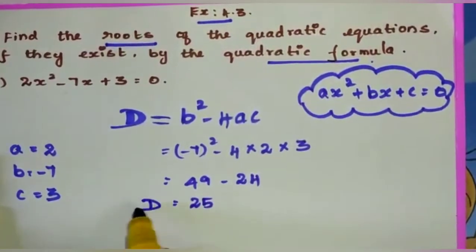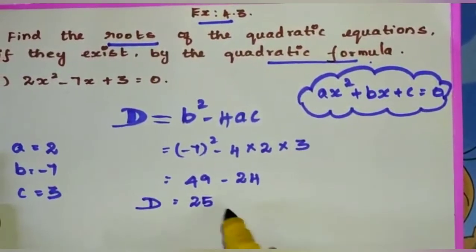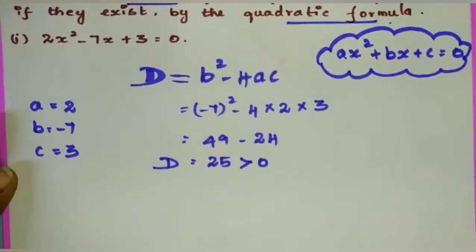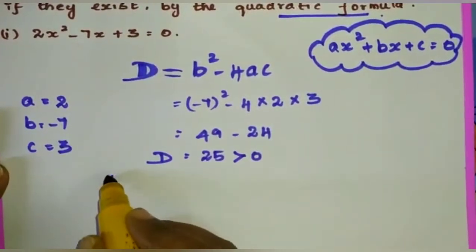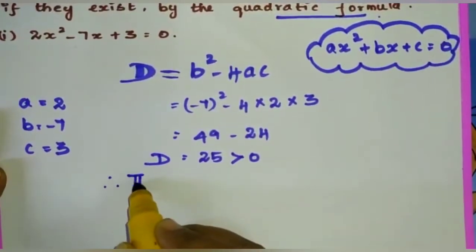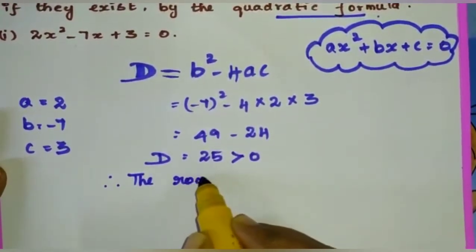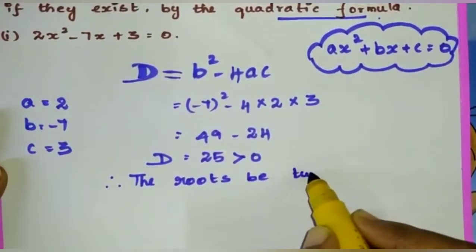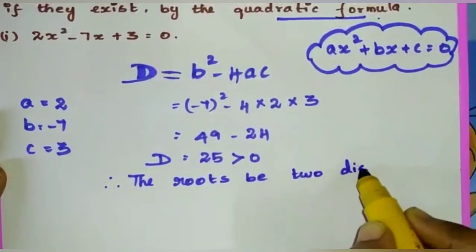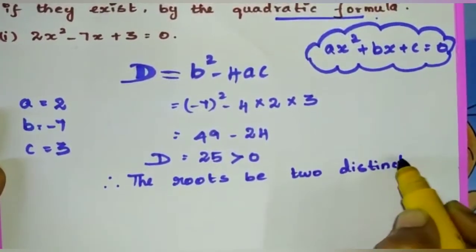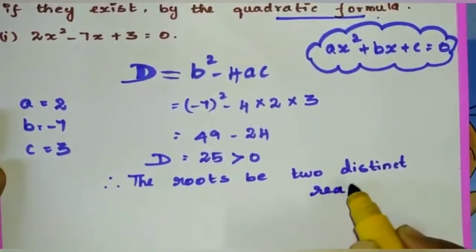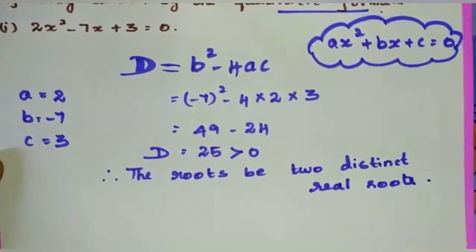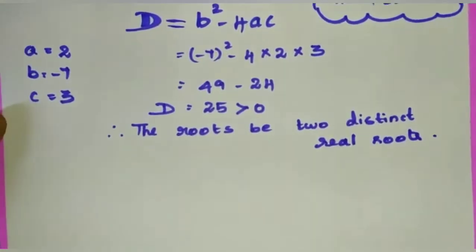So the discriminant is 25, that is greater than 0. Then what is the nature of the roots? Then the roots will be two distinct real roots.